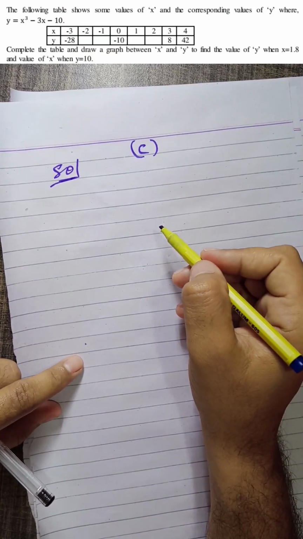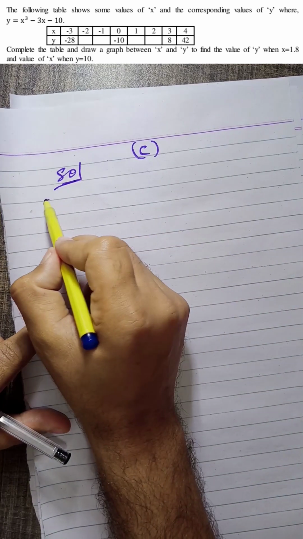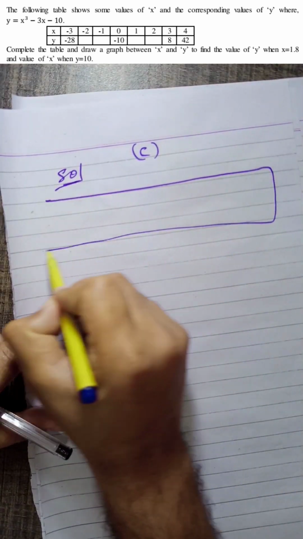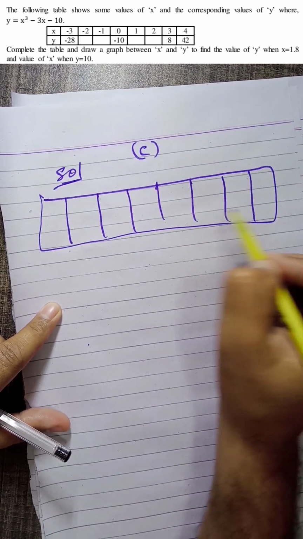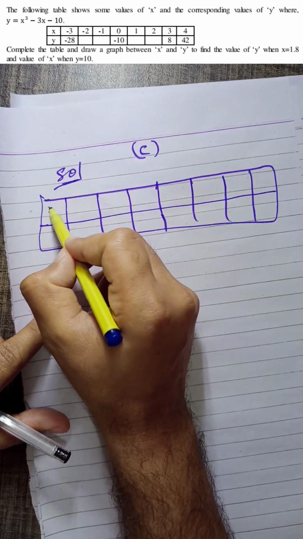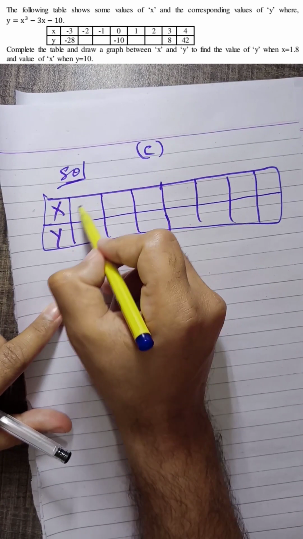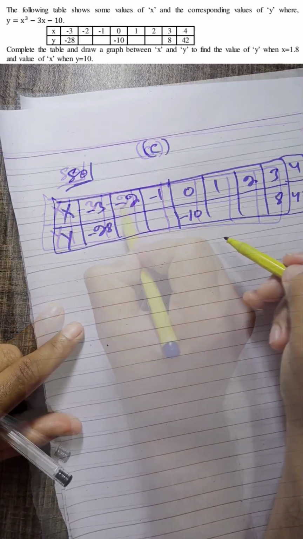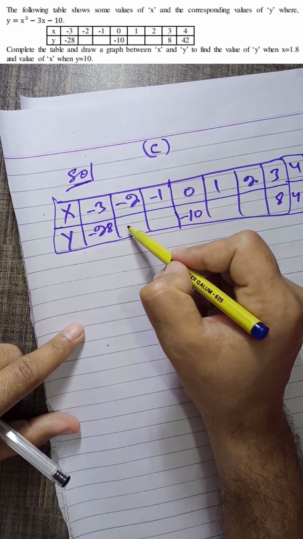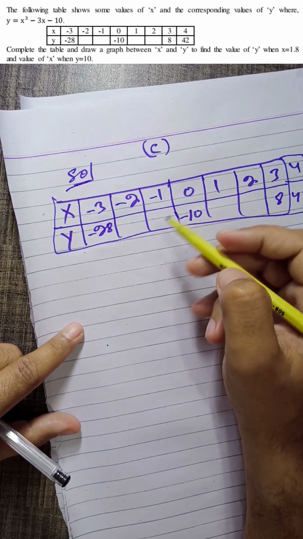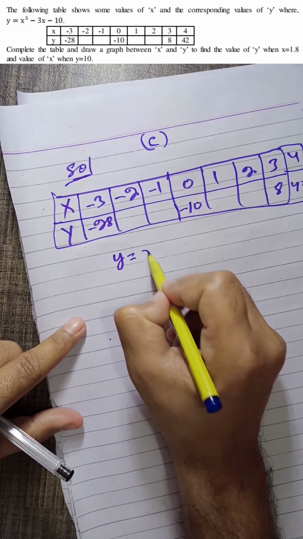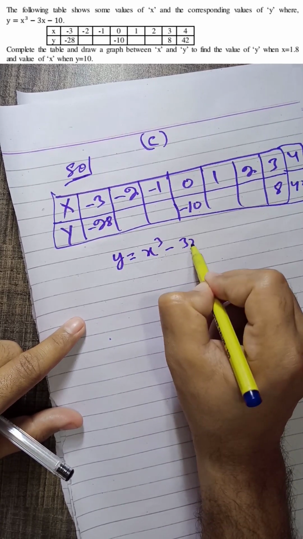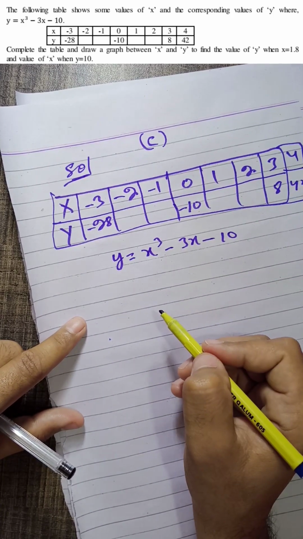Now to find the missing values of y in this table, this is x and this is y, minus 3, minus 2. Now we have to find these missing values of y. We will use this equation which is given in the question: y is equal to x cube minus 3x minus 10.